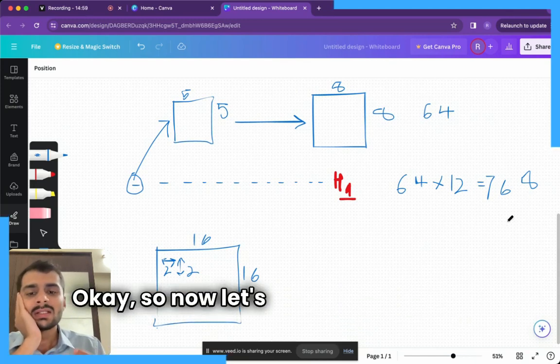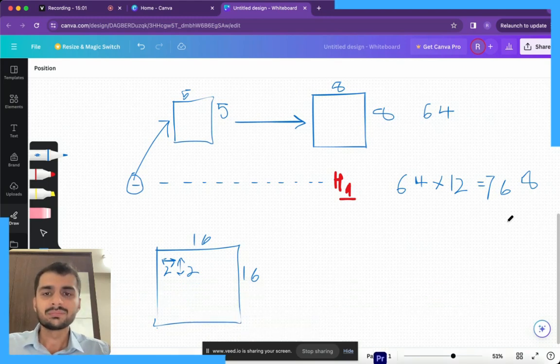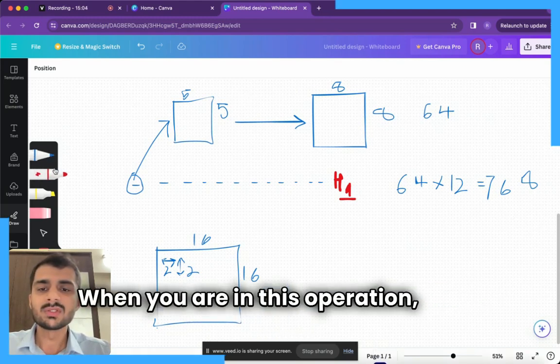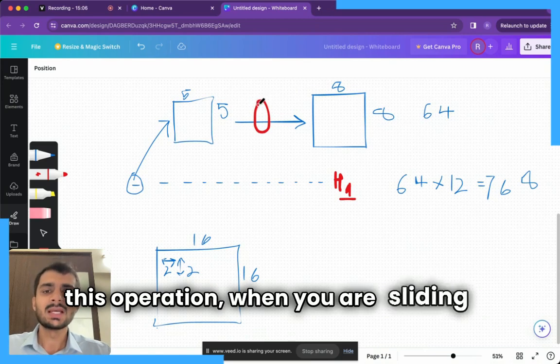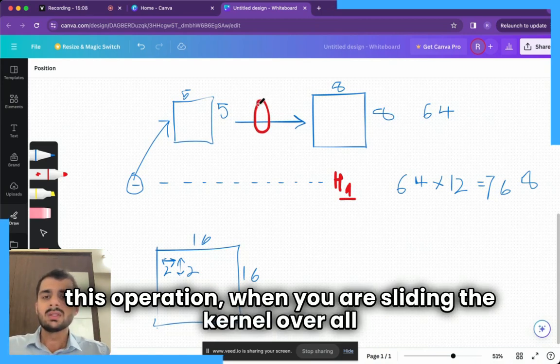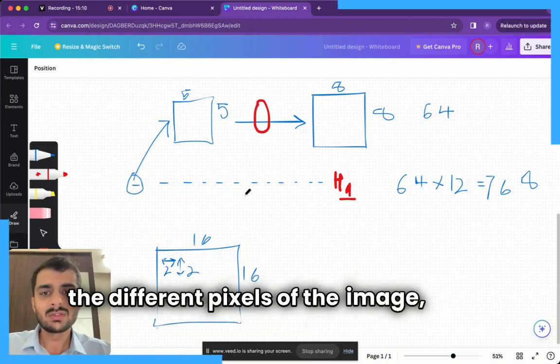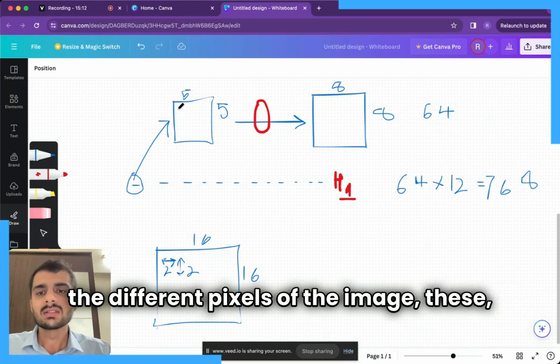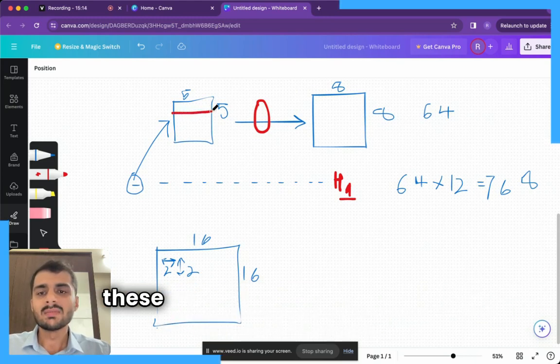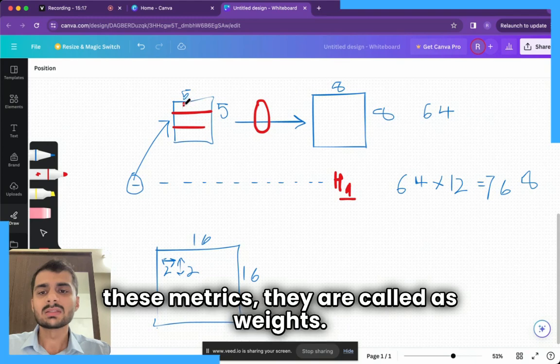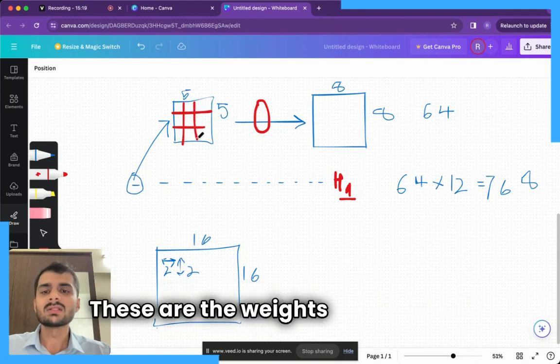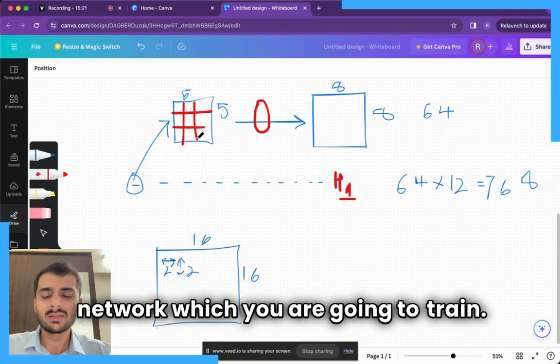Okay, so now let's come to the point of weight sharing. When you are doing this operation, when you are sliding the kernel over all the different pixels of the image, these components in these matrices are called weights. These are the weights of the neural network which you are going to train.